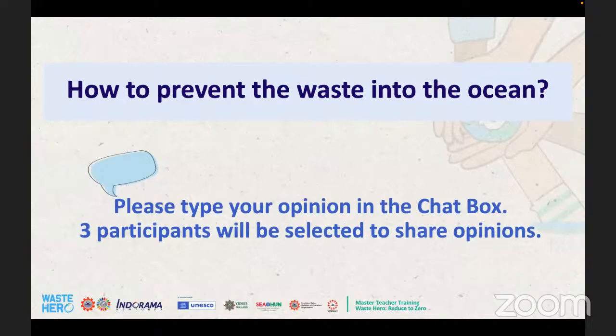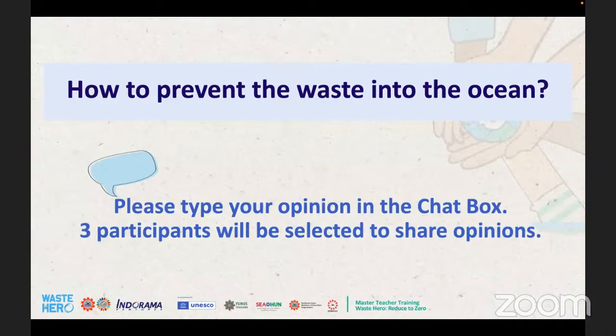Okay, about how to prevent the waste into the ocean. Well, first of all, we have to know that more human, there must be more waste in the world. So we need human awareness to be able to dispose of waste properly. And then why not we start to not using plastic for any stuff and make a lot of waste processing.